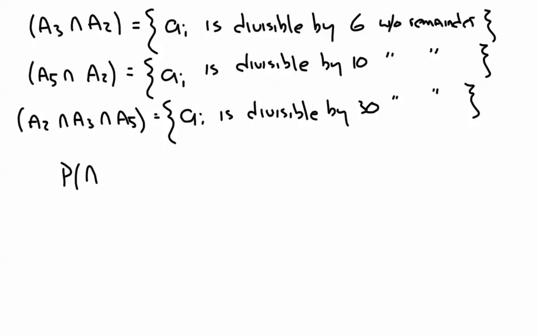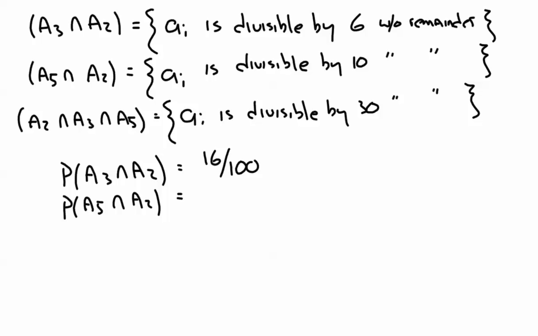The probability of A3 intersect A2 is 16/100ths. What that means is there are 16 integers out of the 100 between 1 and 100 that are divisible by 6 without a remainder. I'll let you work that out yourself. The probability of A5 intersect A2 is 10 chances out of 100.